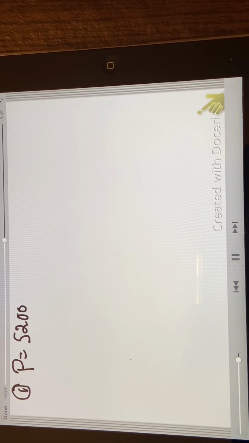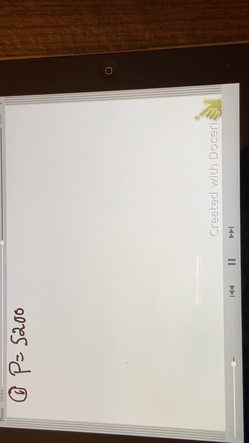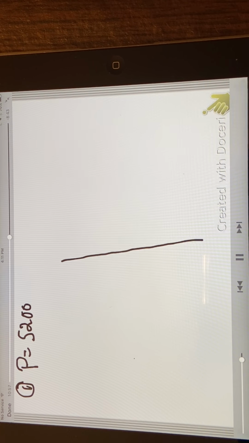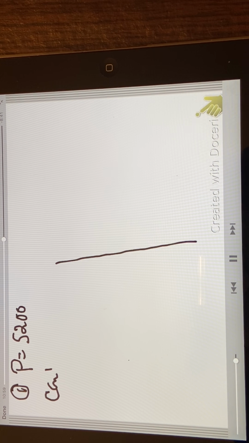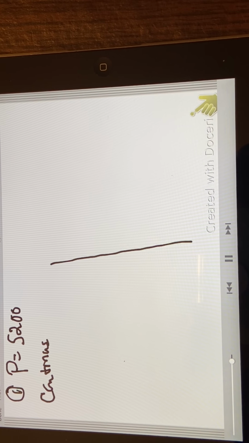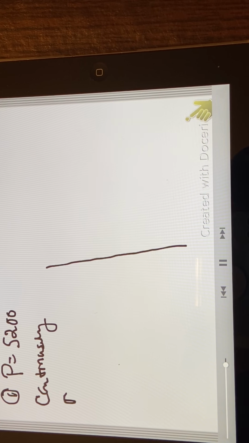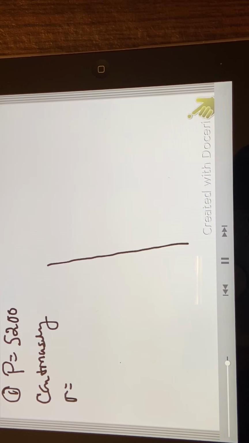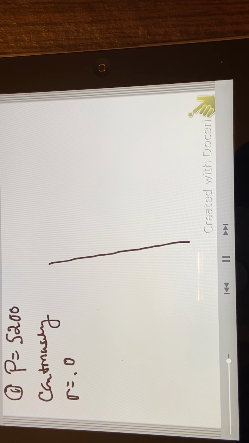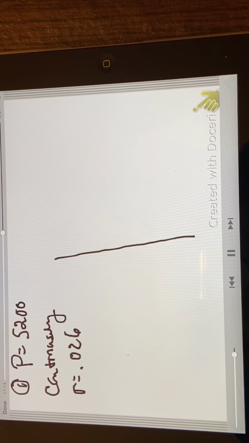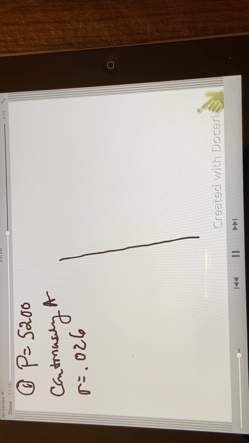So she's determined that her two best bets are on an account that compounds continuously. And that rate is 2.6%, but I'm going to write it like this, 0.026. And we're going to call that account number 1.